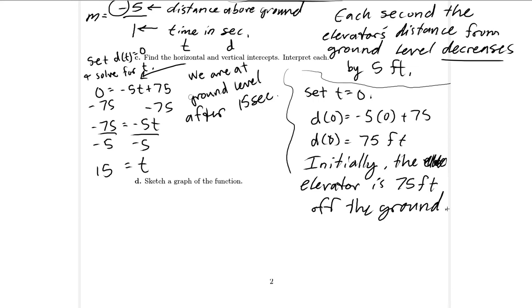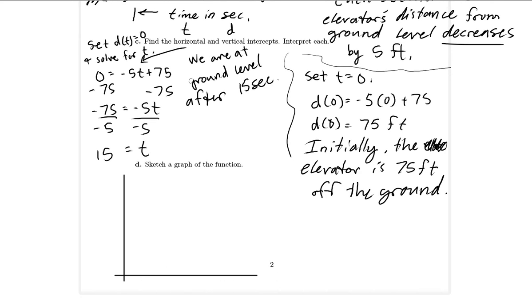All right, and then part D wants us to sketch the graph of the function. The reason I want to do this is because I want to relate it back to part C. So I'm not looking for a really detail-oriented graph here, but what I want to do is show you how when you know some information, things can go much faster. So we know that we're supposed to put the independent variable on the horizontal axis, right?